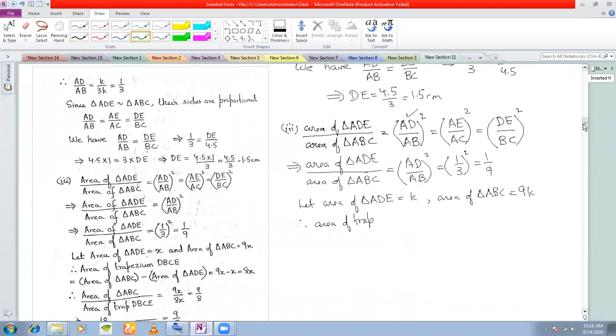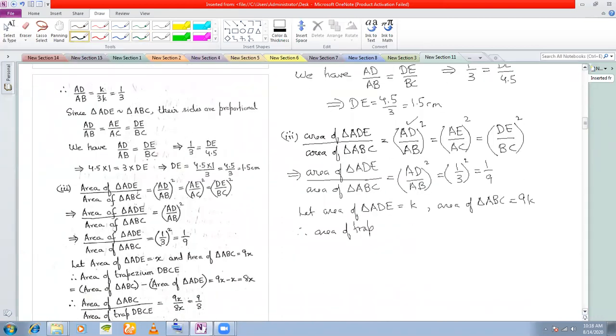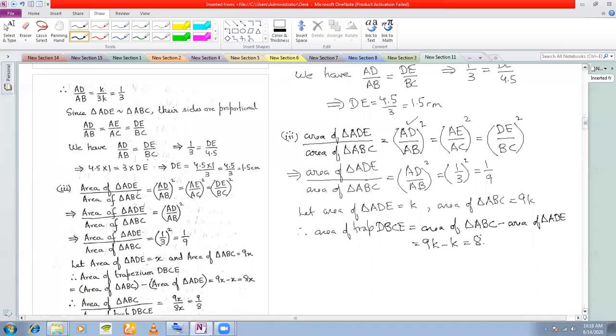We subtract. Therefore, area of the trapezium DBCE is equal to area of triangle ABC, the bigger triangle, minus area of the small triangle ADE, which is equal to 9K minus K, which is equal to 8K.